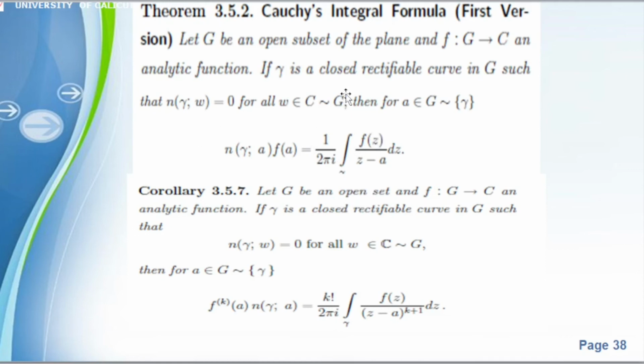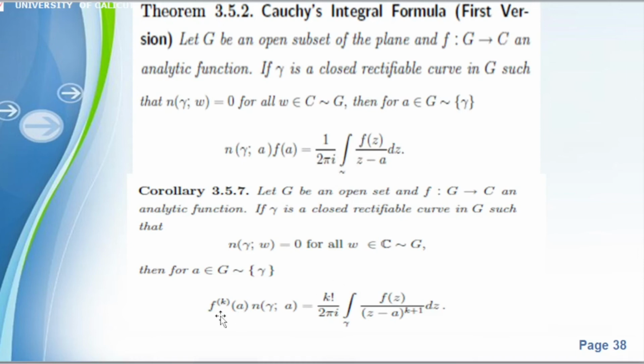That is, if gamma is a closed rectifiable curve such that n gamma omega is 0, then for all a belonging to G minus gamma, n gamma a into f of a is 1 by 2 pi i integral over gamma f of z by z minus a dz.